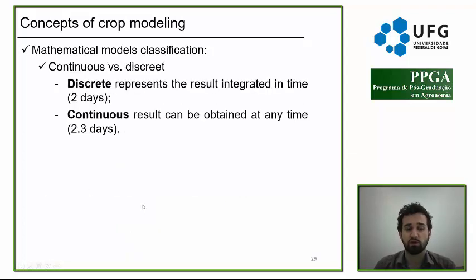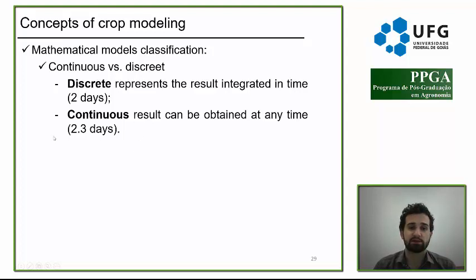We have the discrete and continuous models. The discrete represents the result in integer time, for example 1, 2, 3, 4 days, and for the continuous, the results can be obtained at any time, like 2.3 days. So this depends on the level of growth that you want to describe, and most models we work with use a step of days, for example 1, 2, 3 days.